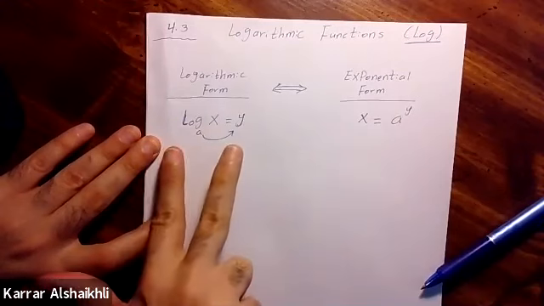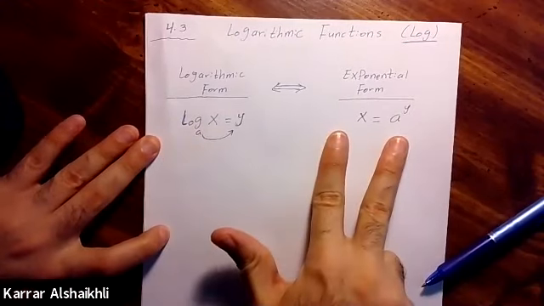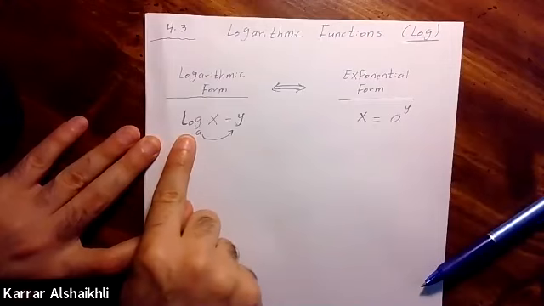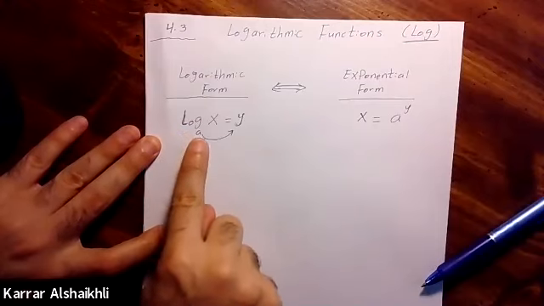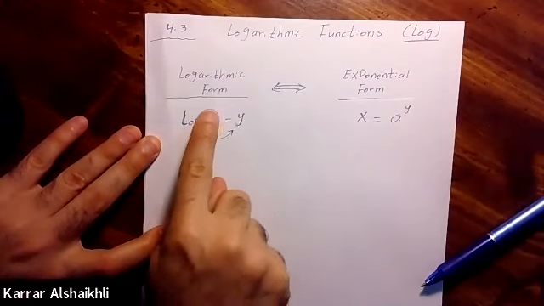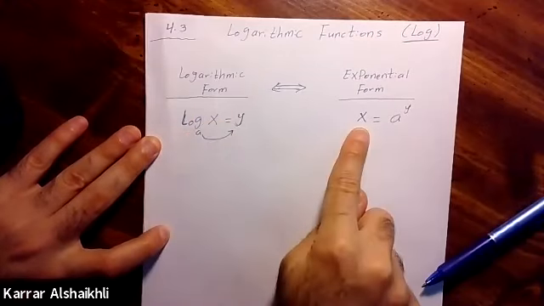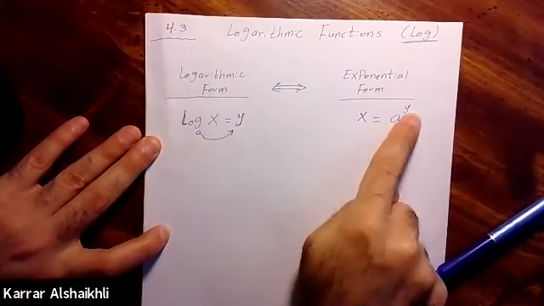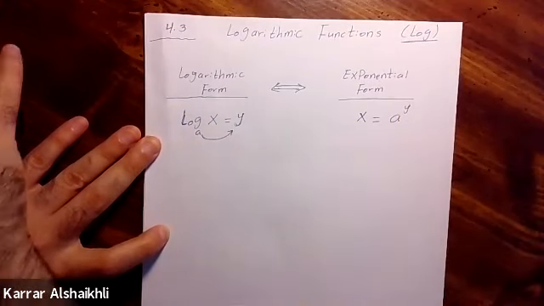You see, this is the log form, and this is the exponential form. To convert, I'm just going to move the base from the log to be a base for the y, and cancel the log. The leftover on the left side is x, and on the right side is a to the y. Let's do an example of that.